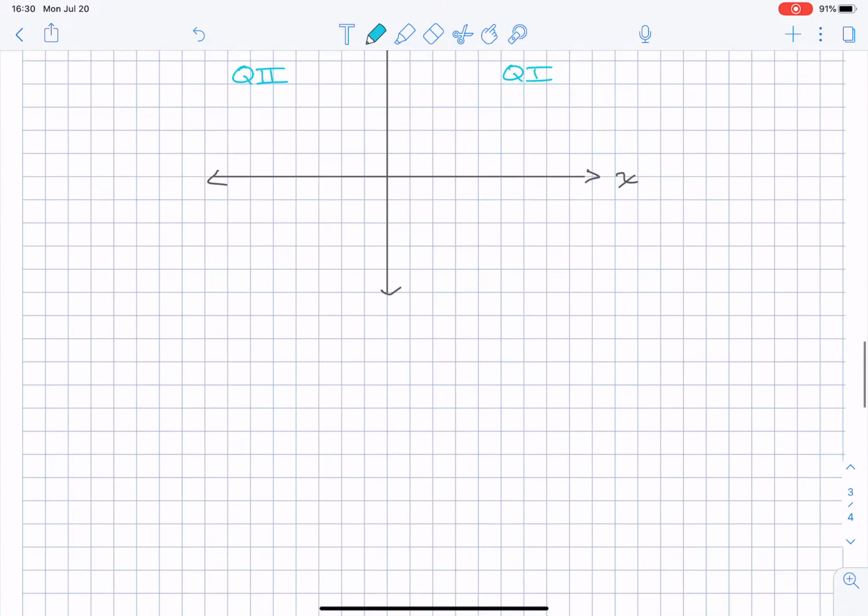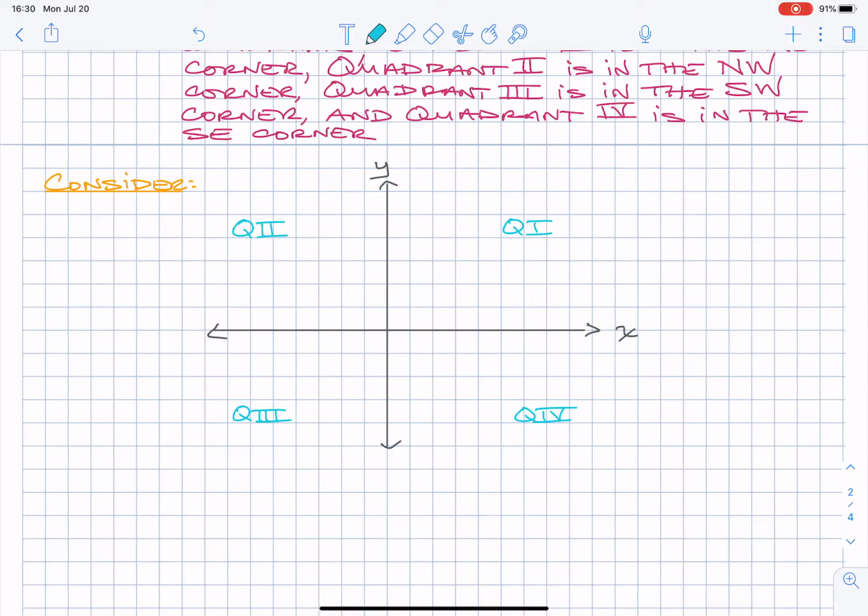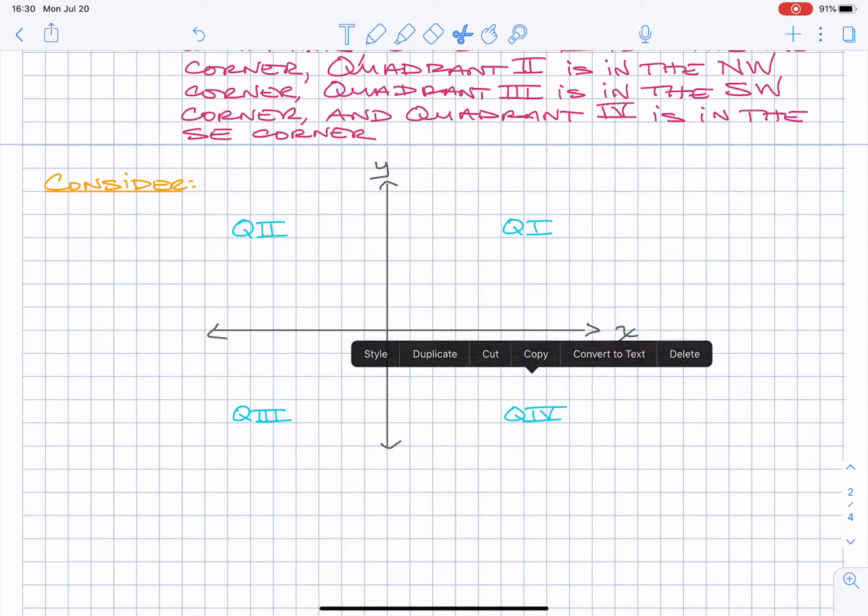Quadrant 3 is in the southwest corner, and quadrant 4 is in the southeast corner. Notice we name the quadrants in the counterclockwise direction, much like we would measure an angle theta.